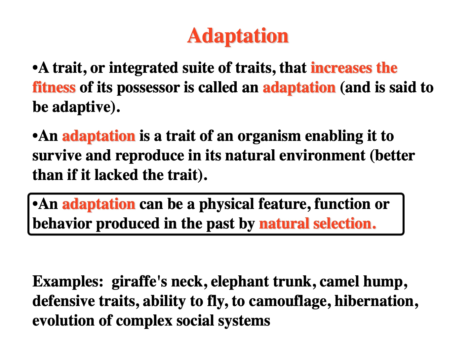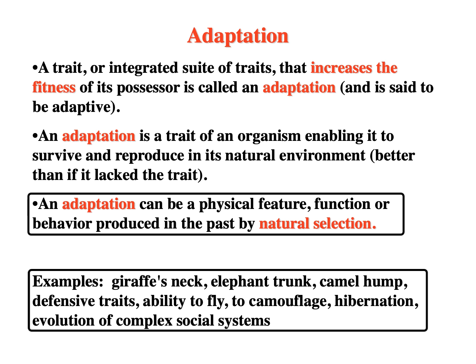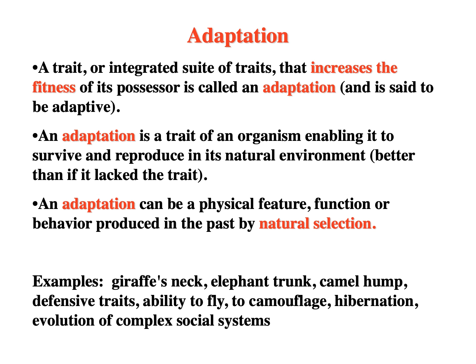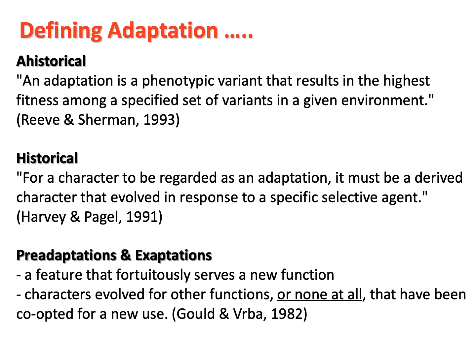And then adaptation can be a physical feature, function, or behavior produced in the past by natural selection. It can also be a gene that performs a certain function that makes that organism more likely to survive in a particular environment. Several scientists have attempted to define this in different ways.